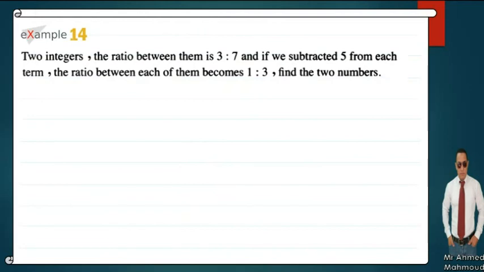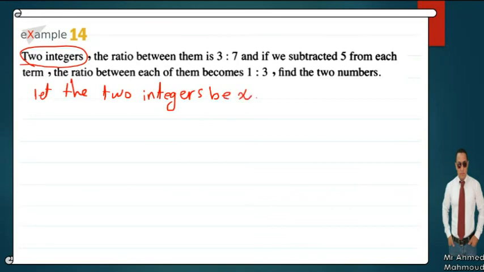Two integers, the ratio between them is 3 to 7. If we subtract 5 from each, the ratio becomes 1 to 3. Because we have two integers, I will call them x and y. Let the two integers be x and y.